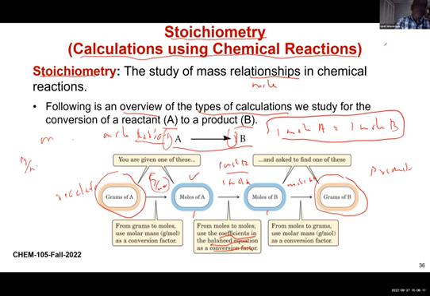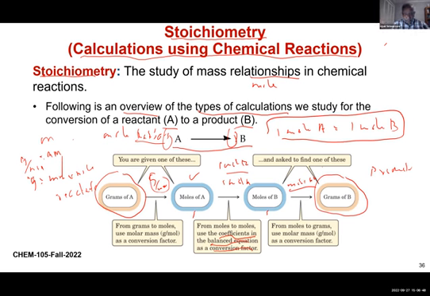Moles is equal to grams over molar mass. So if you want to get the grams, grams is equal to molar mass times moles. That's what I wrote here. Molar mass times moles, you get the grams.